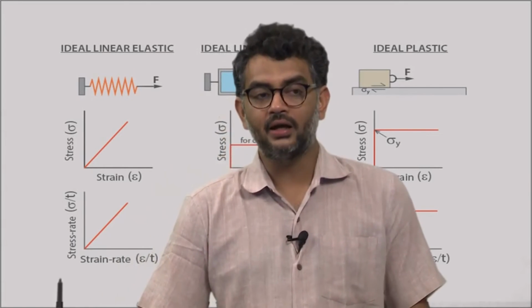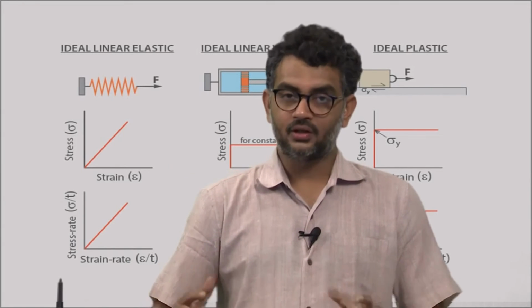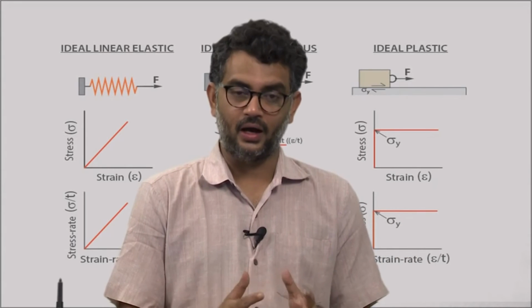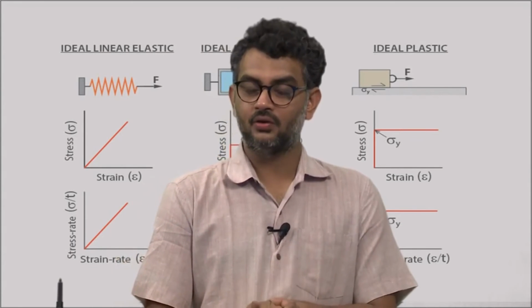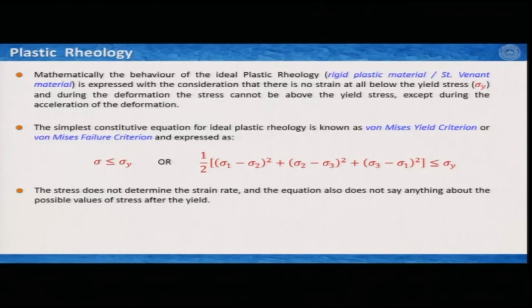So, now if we would like to express the plastic rheology mathematically, then we have to consider an ideal plastic material or ideal plastic rheology, which is also known as rigid plastic material or Saint Venant material. So, generally the constitutive equation of ideal plastic rheology is expressed with the consideration that there is no strain at all below the yield stress.